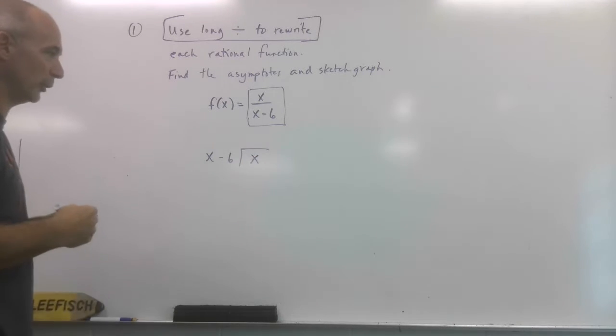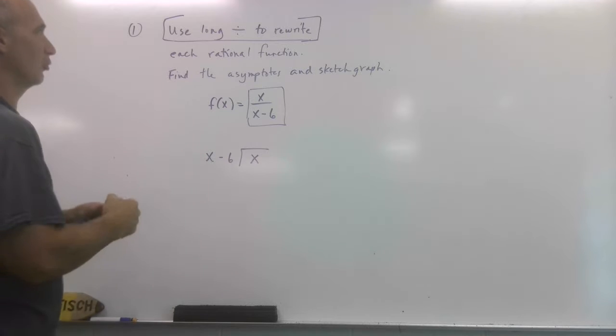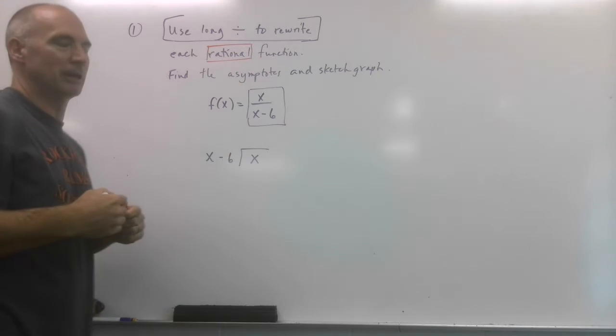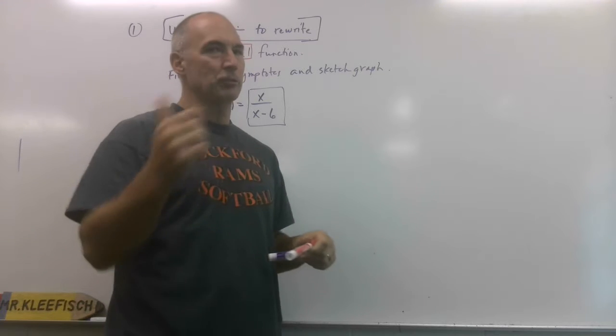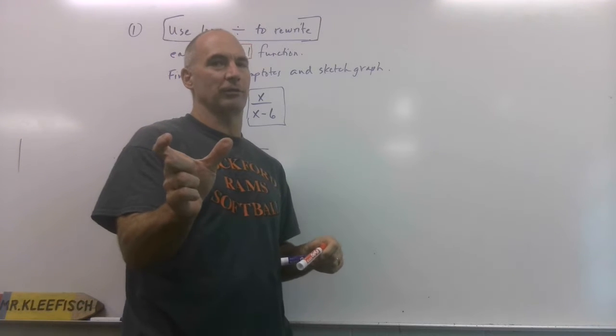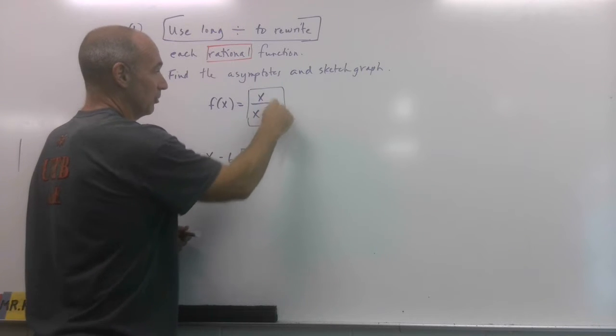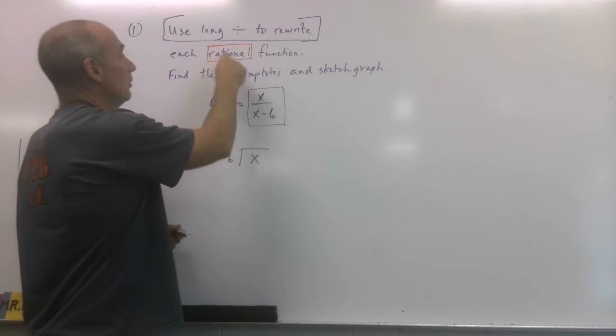Now this is kind of weird, but it says to rewrite each rational. In the pre-lesson, they use the quotient. Quotient, same thing, is a division problem, another word for division.